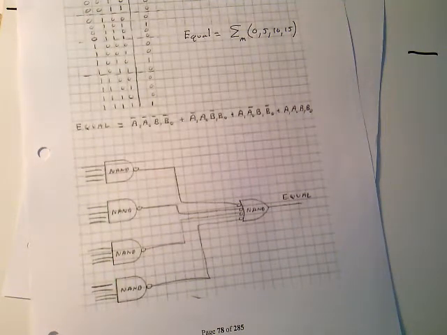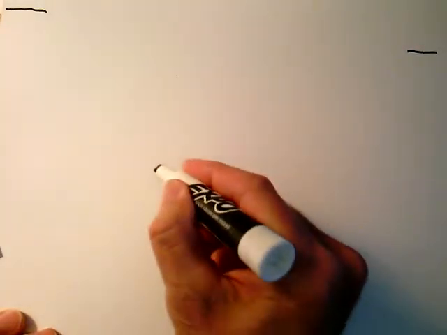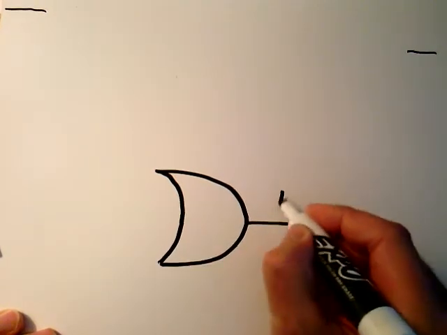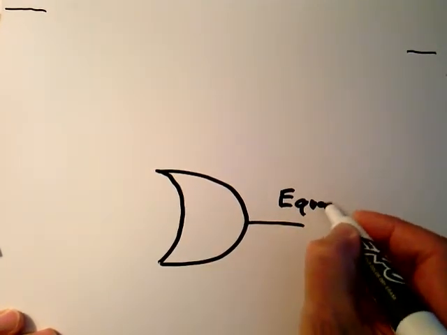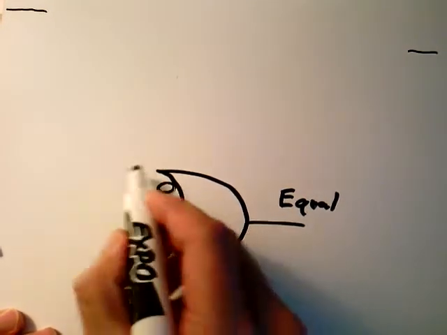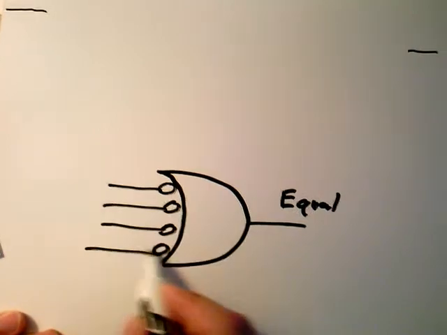Well, think about that. Don't think too hard. This is what you have. Here's the gate right here. When it's high active, there's equal. And this is low, this is low, this is low, low active. That's a NAND gate. There's your NAND gate.